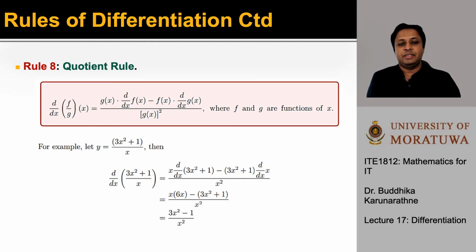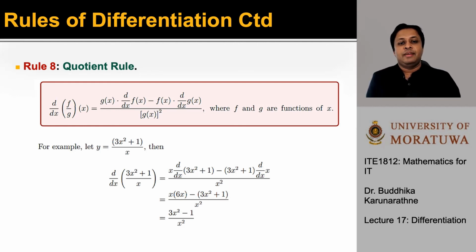So what do you have in the denominator? You have g(x) squared, which means our g(x) is x in this case, so we put x squared. And what should be on the numerator?